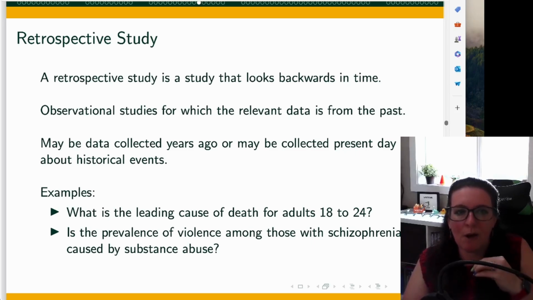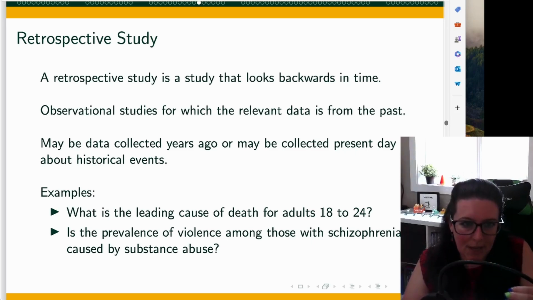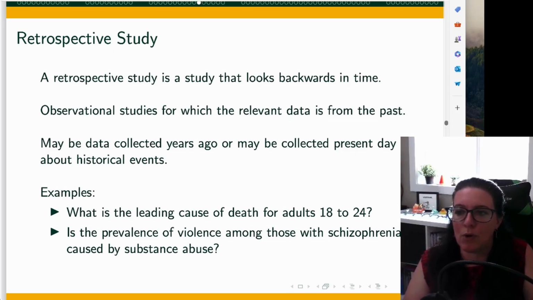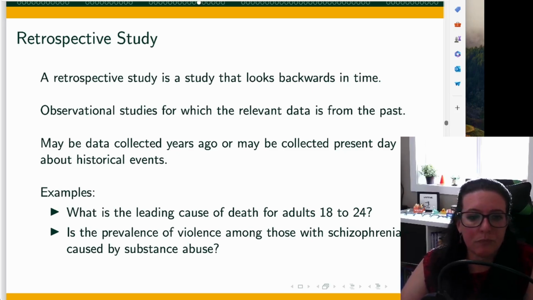The Modified Overt Aggression Scale, MOAS, was combined with their medical records and family history in order to do that analysis. The researchers found that substance abuse was not the leading cause of violence. Violent behavior existed among the control group as well, who did not abuse drugs or alcohol.